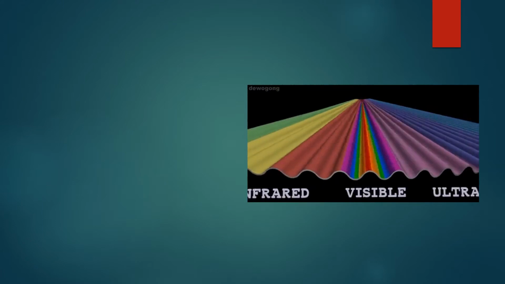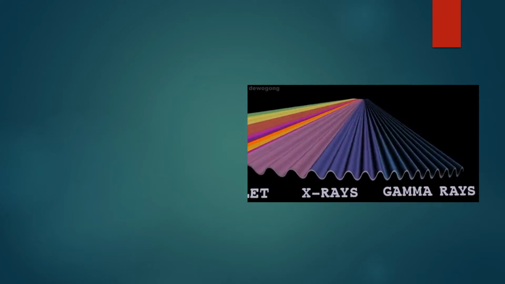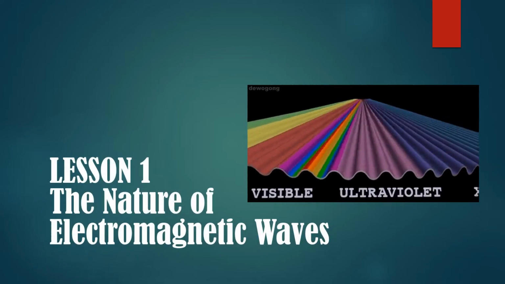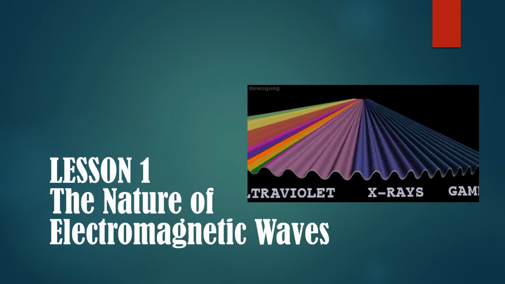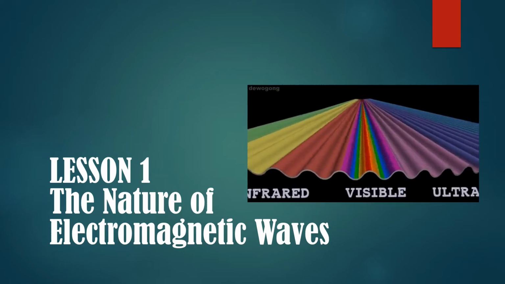So now we are ready to proceed with the new lesson, that is Lesson 1 of Chapter 9, The Nature of Electromagnetic Waves. At the end of the lesson, you have to establish the following learning objectives.